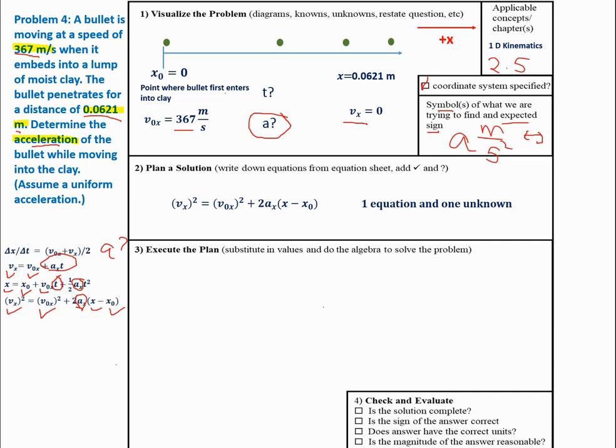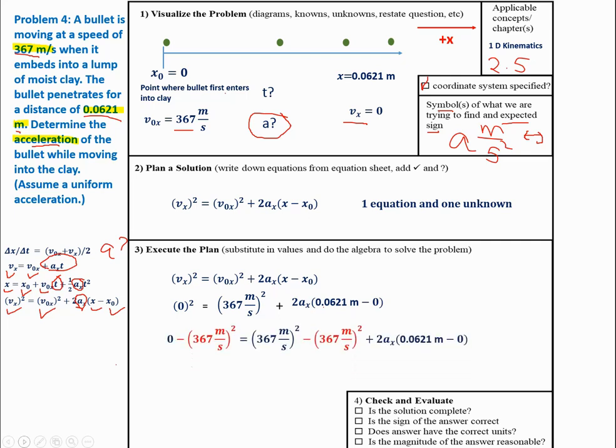Once you have the correct equation, it's really easy to execute the plan. So let's solve for a by substituting knowns and unknowns. This is our equation. The final velocity is 0, and the initial velocity is 367 meters per second. It's positive because the bullet is moving to the right. The acceleration is an unknown. The final position is 0.0621 meters, initially 0.